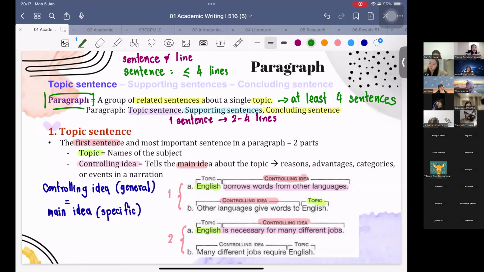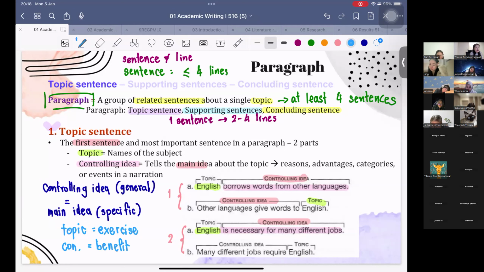So if the topic is exercise, let's say the controlling idea is benefits. Your paragraph is going to talk about the benefits of exercise.